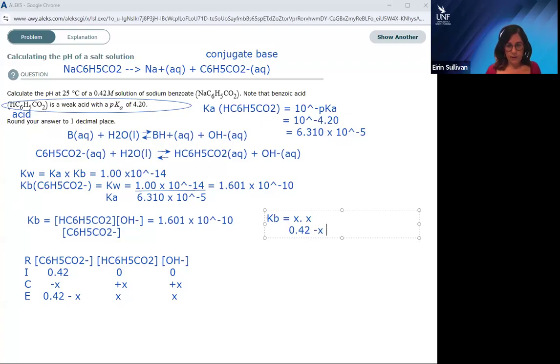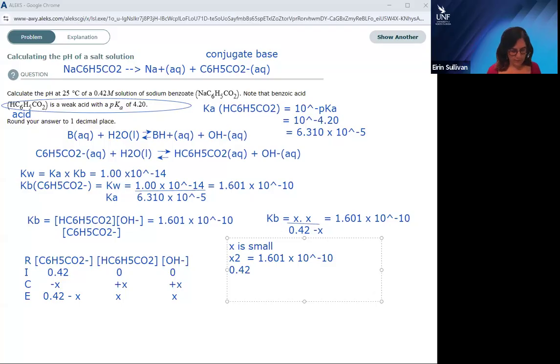And that will be equal to the value of Kb that we calculated, which was 1.601 times 10 to the power of minus 10. Lovely jobs. We're going to do the X is small approximation, okay? So if X is small, that is going to end up with it being X squared over 0.42 equals 1.601 times 10 to the power of minus 10.